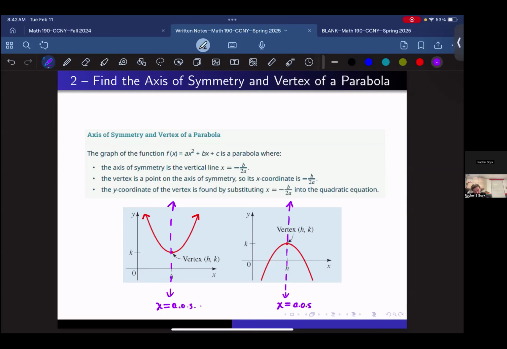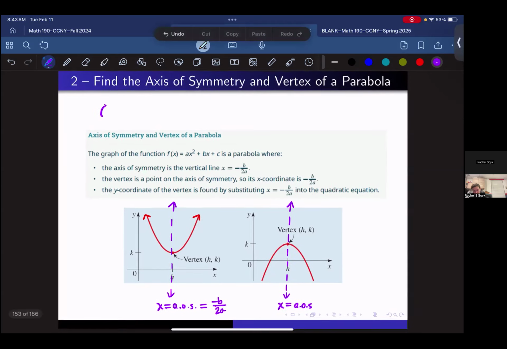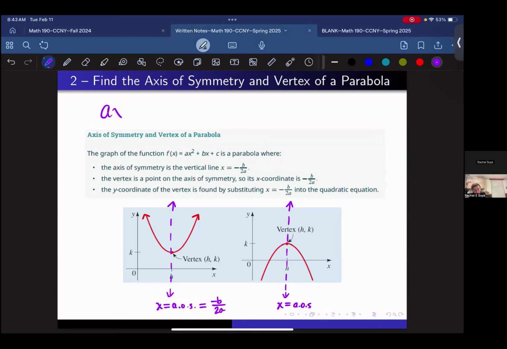And more specifically, we can identify this using our b and a values in our general equation of our quadratic. So in our whole ax squared plus bx plus c, our axis of symmetry is just negative b over 2a. But why is this so important?